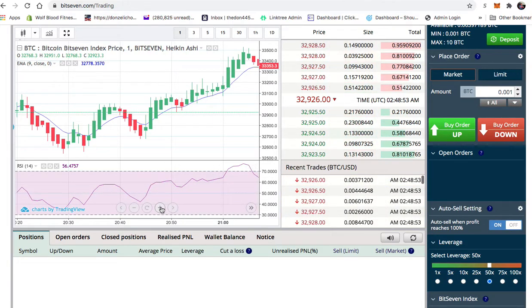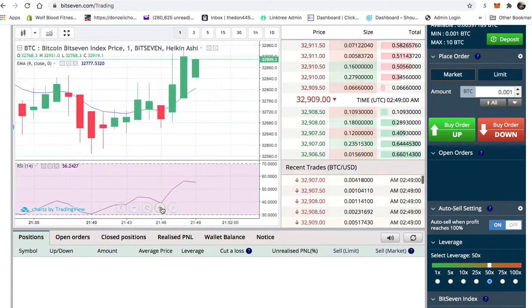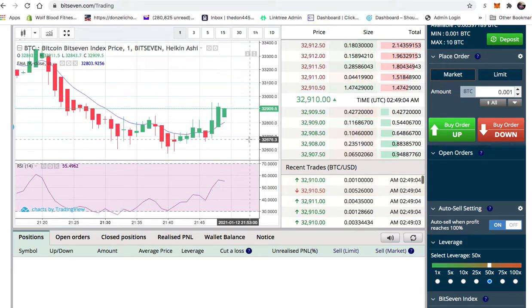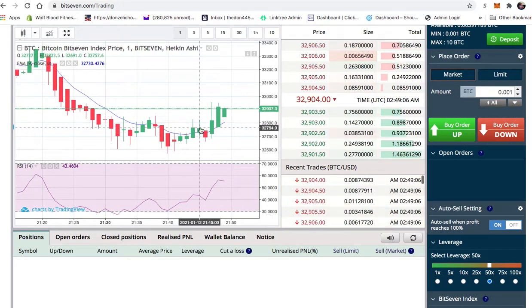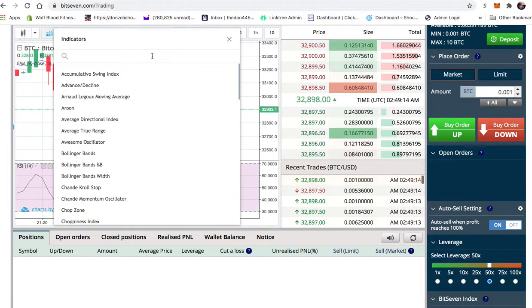All right, so now we've got our indicators set up. Just take a look, play with it a little bit, check out some of these indicators if you like. Watch the chart before you do any trading at all. Watch the chart, see what's going on. Maybe there's a different indicator on here that you like.